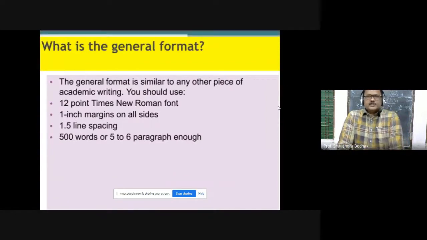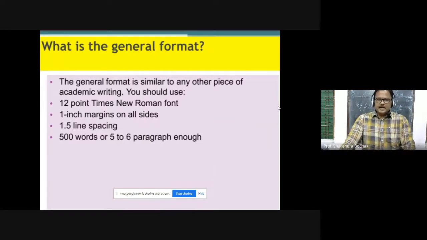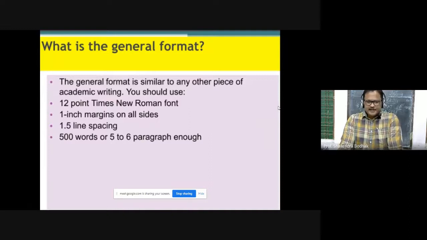What is the general format of SOP? The general format is similar to any other piece of academic writing. See now, first, 12 point Times New Roman font.